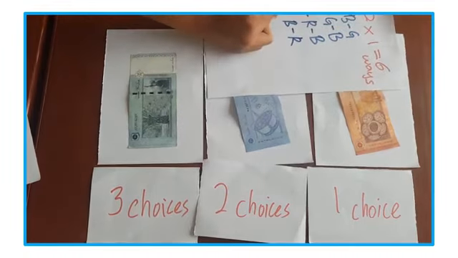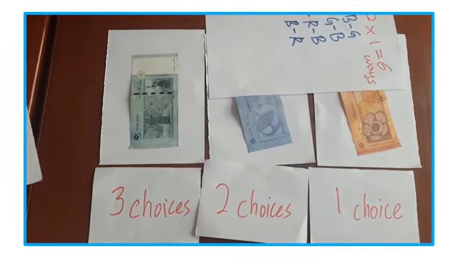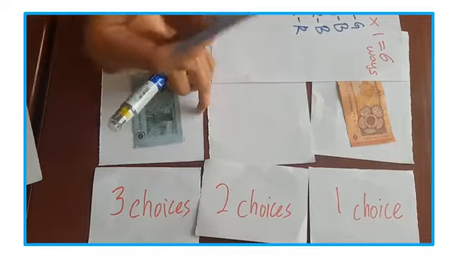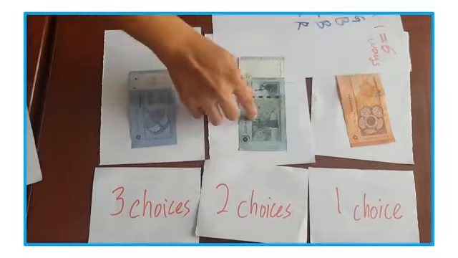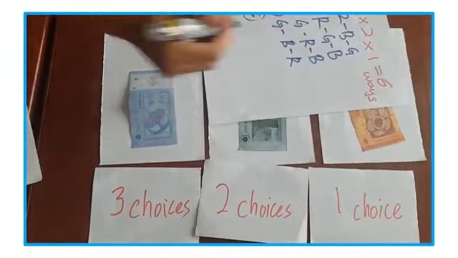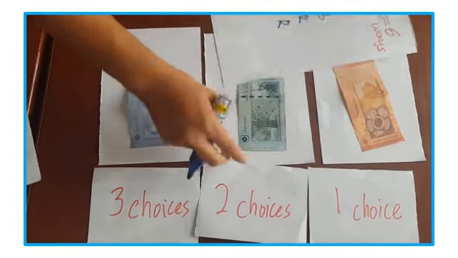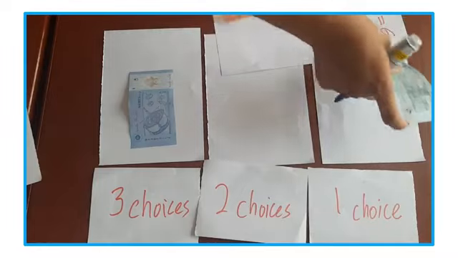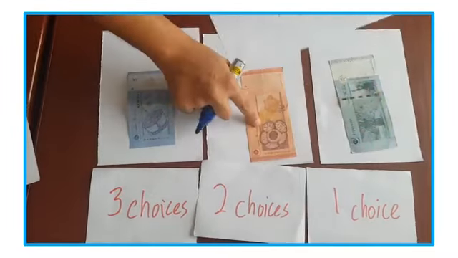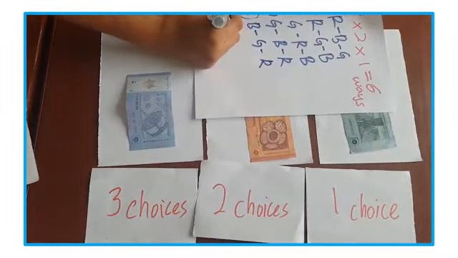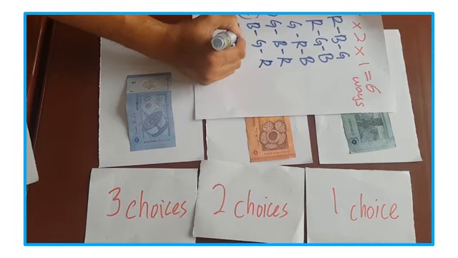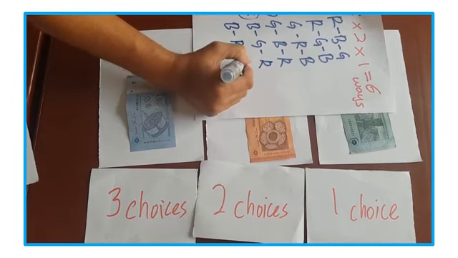The fifth one: maybe the blue can be the first place, the second is green. Blue, green, and red. And then green at the last, red in the middle. The sixth one: blue, red, and green.